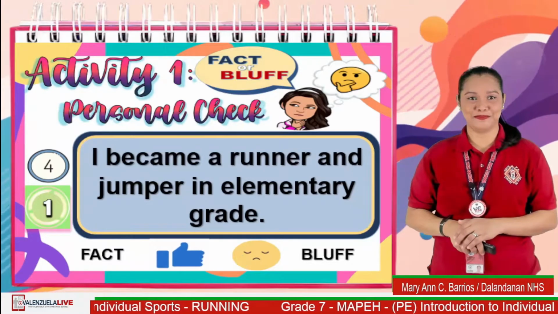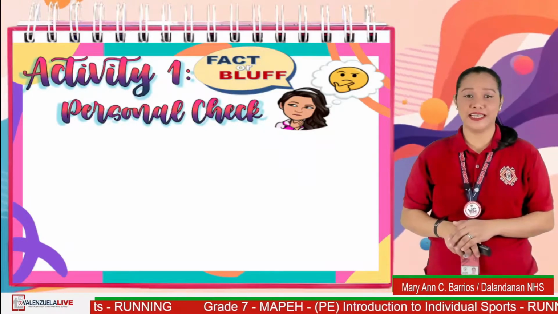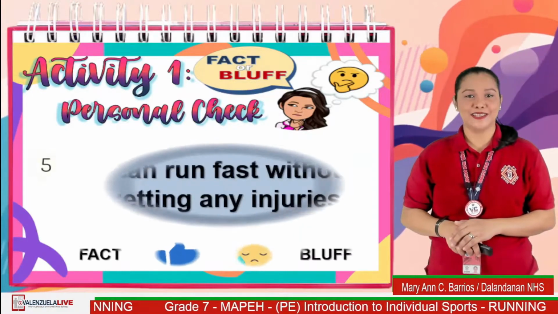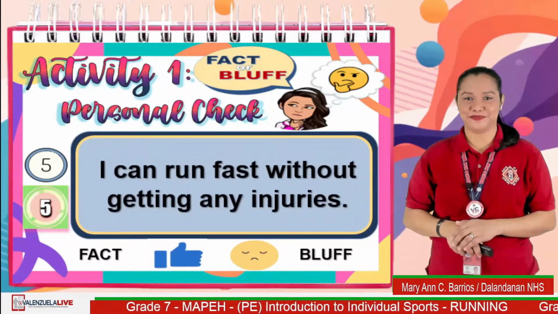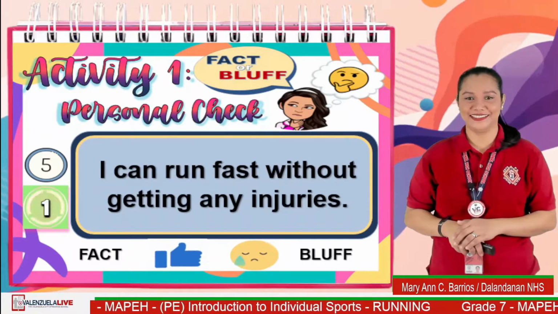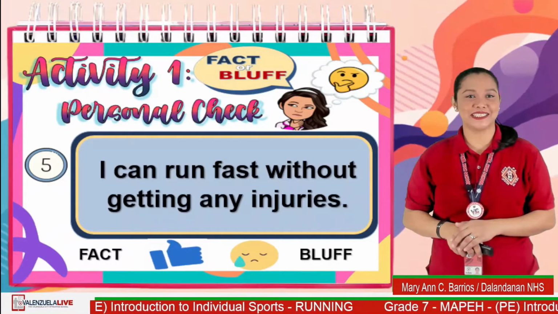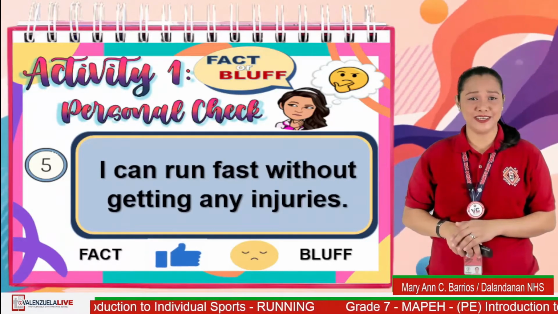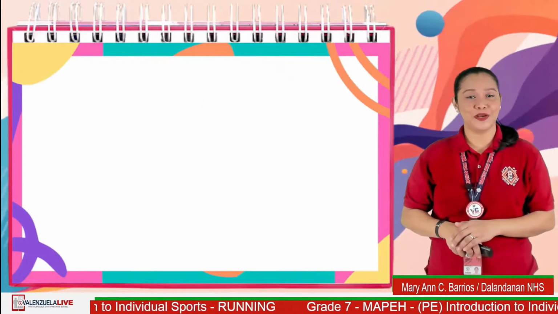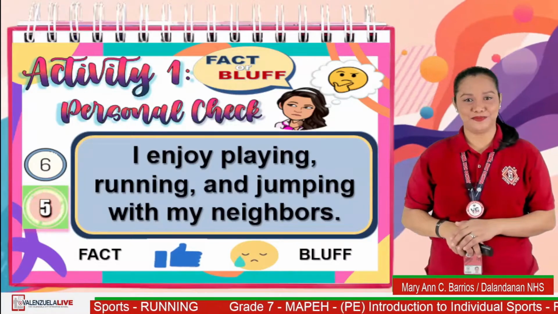Time is up. Number 5. I can run fast without getting any injuries. Timer starts now. Time is up. Number 6. I enjoy playing, running, and jumping with my neighbors. Timer starts now.